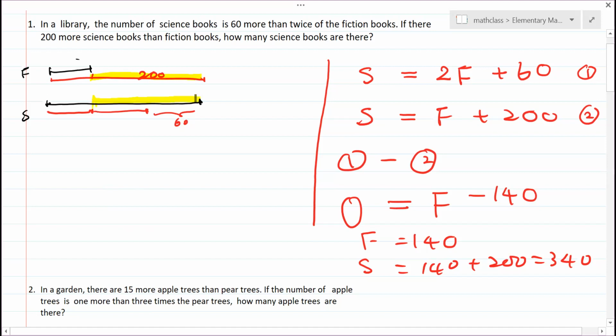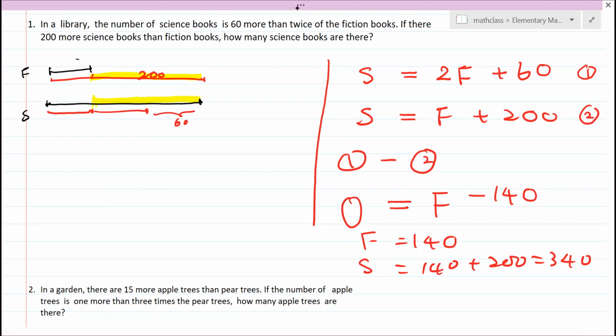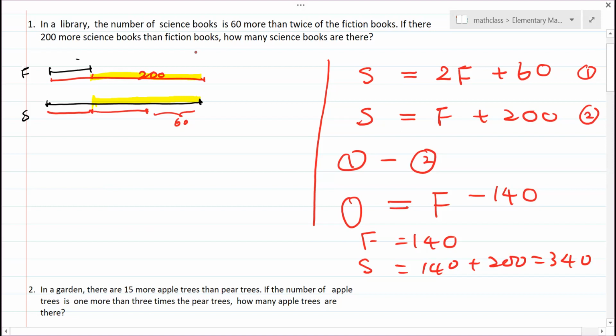You can tell that fiction books plus 60 should be equal to 200, right? The number of fiction books plus 60 should be equal to 200.